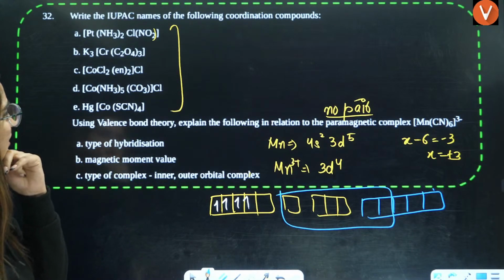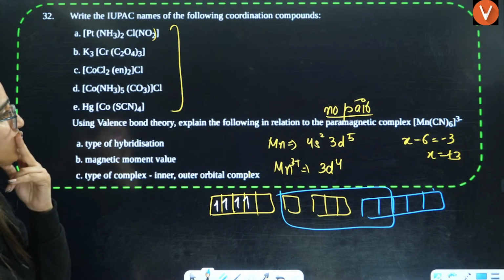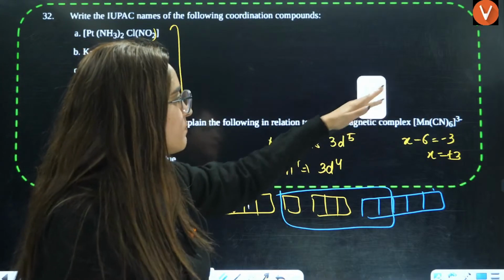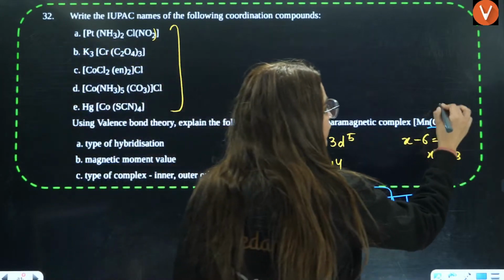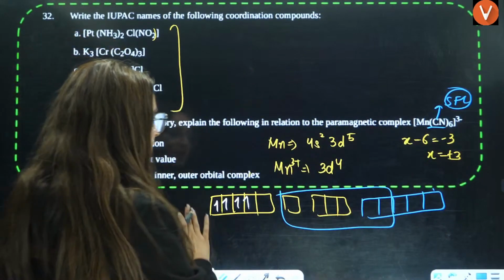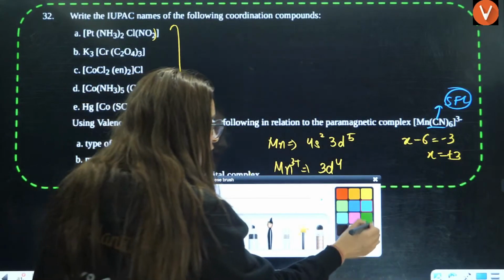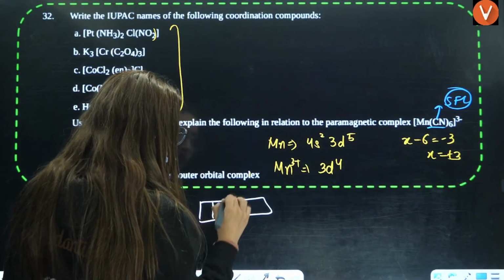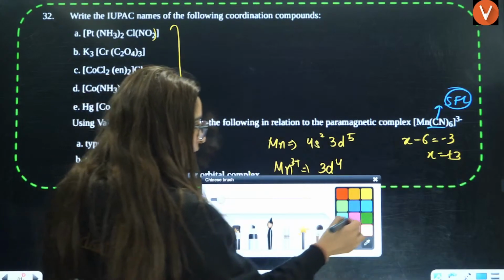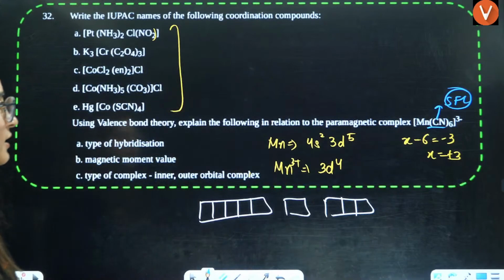Beta, but wait a minute, explain the following in relation to the paramagnetic complex. No. Because this is a strong field ligand, no? Strong field ligand. So strong field ligand will have the pairing. Okay? Paramagnetic this will be, but it will have the pairing. How it will have the pairing? If you talk about the 4 electrons here, paramagnetic in relation to the magnetic moment value, type of complex, inner or outer octahedral.